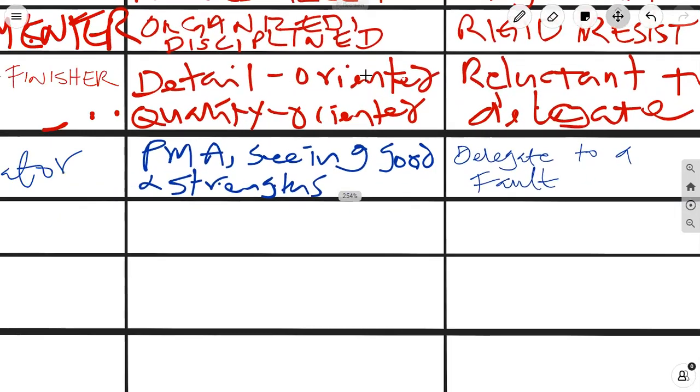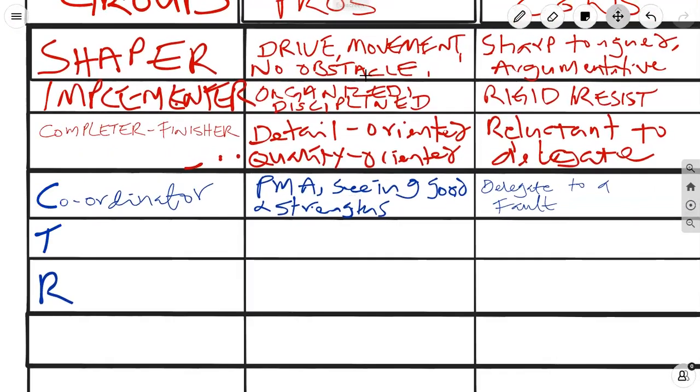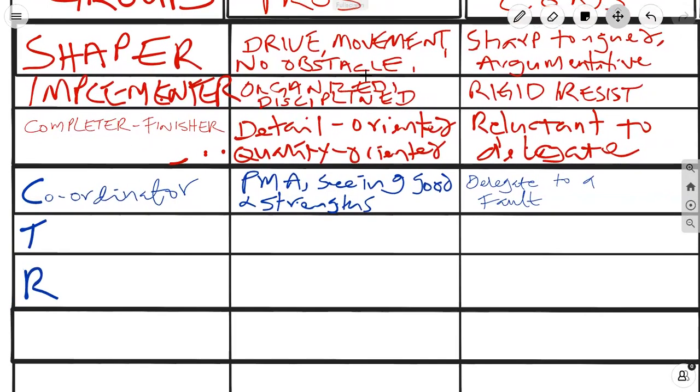You got to remember that in project management, when we use the word or the term coordinator, it is often used in a lower capacity for job description. This is not job description, this is role. So when we talk about coordinator, you got to remember we're not talking about a job. We're talking about a role someone plays.